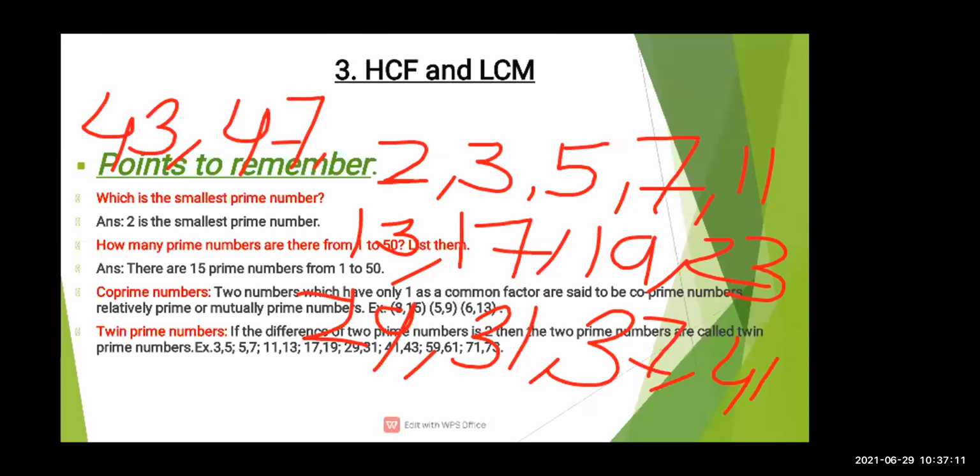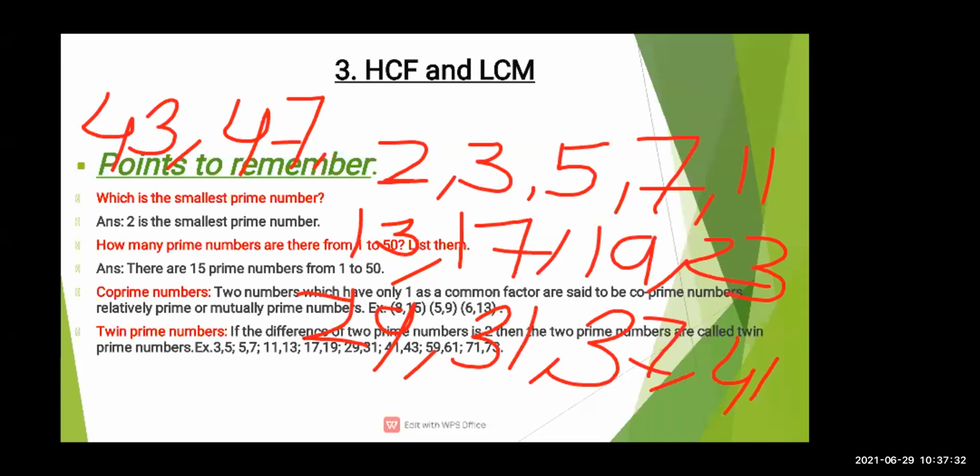Someone has written 49. No, 49 is not a prime number. Why? Because 49 is coming in the 7 table. 7 sevens are 49. Then 1 table, then 49 table. So 49 is not a prime number. We want only till 50.